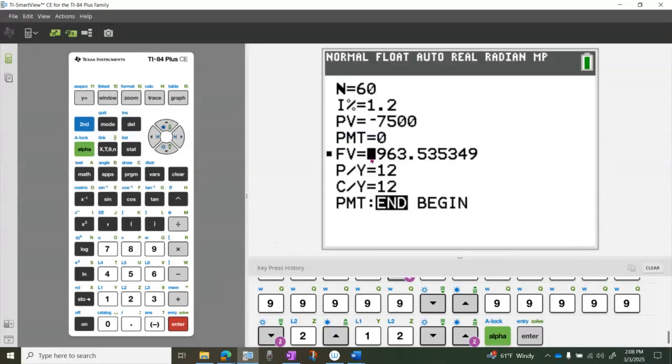You see the value is positive, $7,963.54, because in 5 years, if you end the account, the money goes back to your pocket, so it's positive.